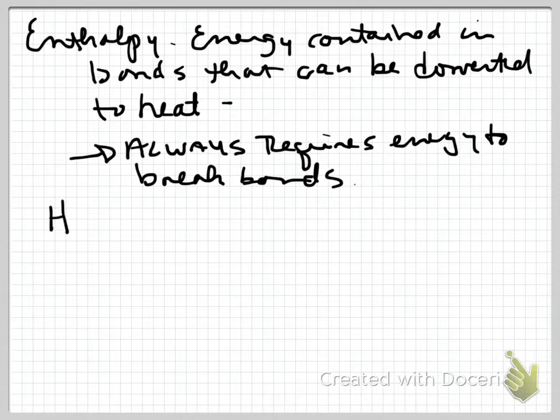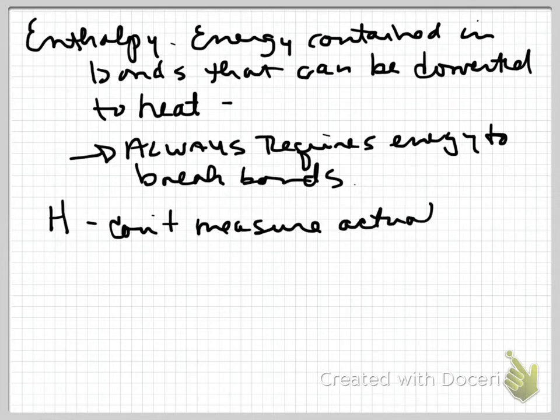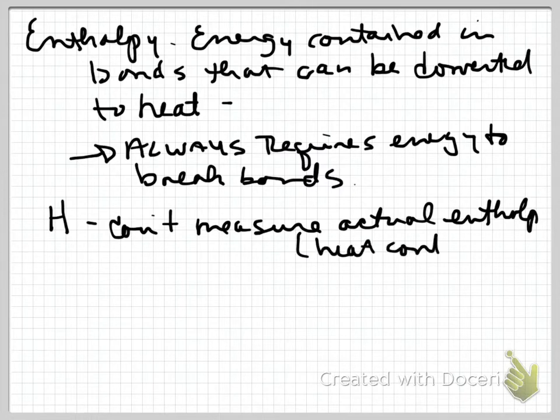Enthalpy symbol is H, and you can't really measure the enthalpy of a system, the actual enthalpy or heat content. But we can measure delta H, the change in enthalpy.